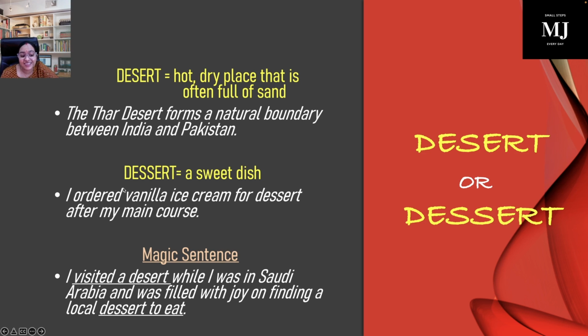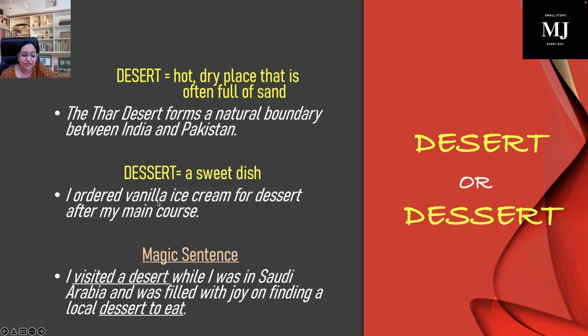But then we have dessert, which is a sweet dish. If you're talking about gulab jamun or vanilla ice cream, you're actually talking about dessert. When we go to restaurants, after the entire main course, we usually order a dessert. So next time you go to a restaurant, order a dessert for yourself.